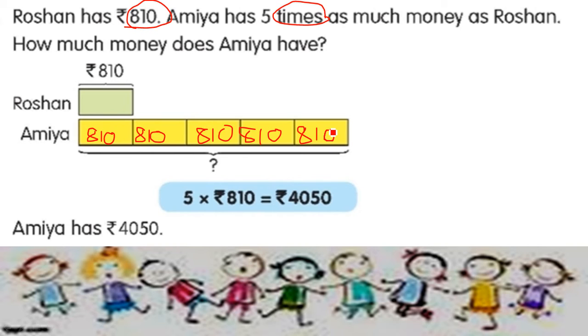So he has 5 times more than Roshan. So instead of adding, we can get the answer by quickly multiplying. So how many sets of 810 does Amya have? He has 5 sets. So 5 multiplied by rupees 810 is 4050 rupees. So Amya has 4050 rupees with him.